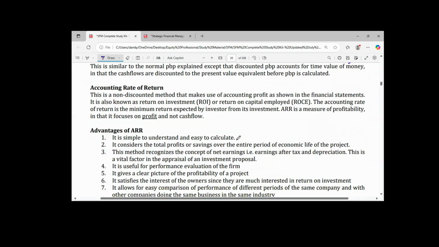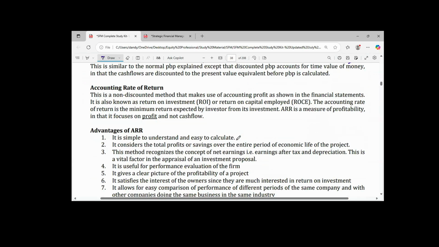So that's that. Then for the accounting rate of return, it is also known as return on capital employed or return on investments. It is a technique that relies heavily on the accounting information as shown in the financial statement of a company, okay?